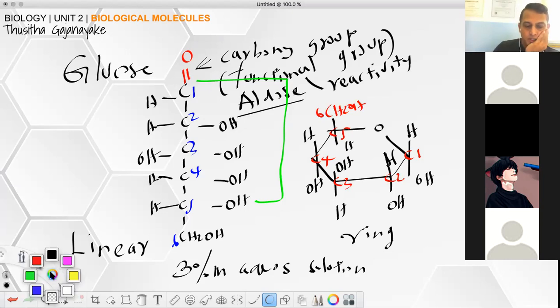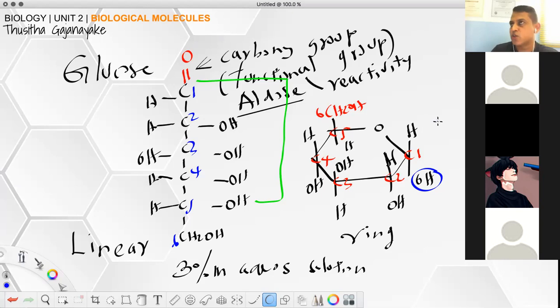You can also notice this OH on carbon number 1. Carbon number 1 is the most important carbon for this glucose molecule, and it is also called the anomeric carbon, but we are not going to that extent. Its OH group is below here. If it is going up, the glucose molecule is slightly changed.